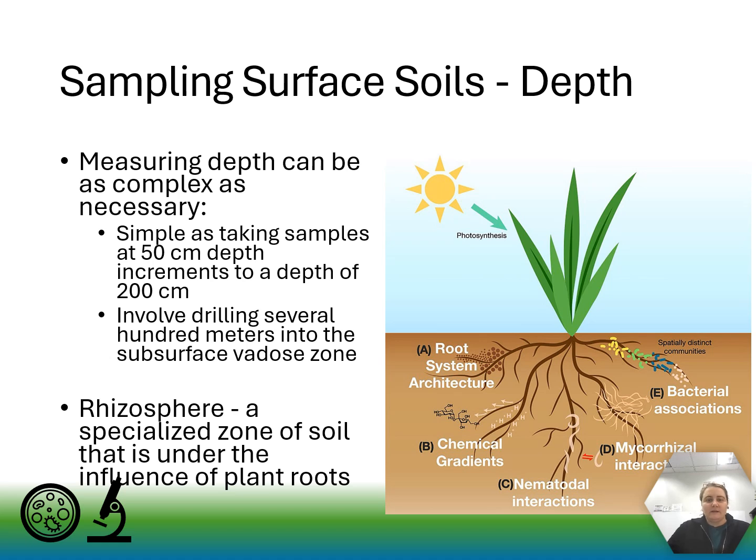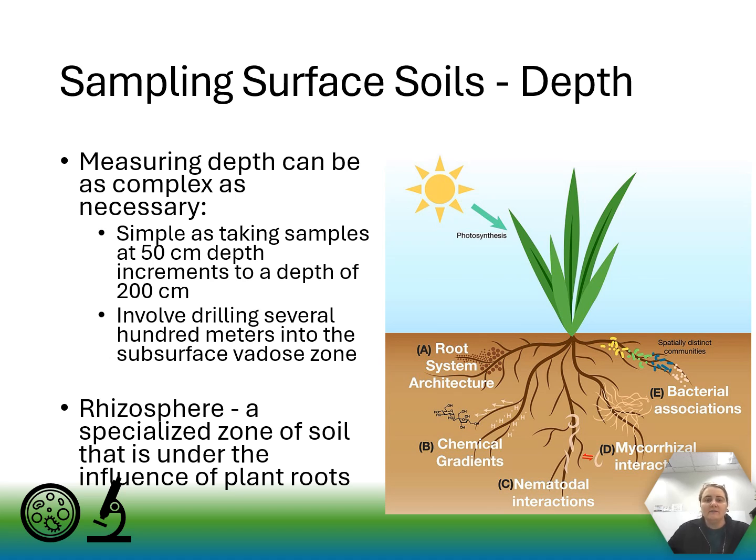So let's talk about depth, right? It can be very, very complicated, right? It's very challenging to deal with specific areas with bacteria and roots and things like that. But actually taking samples at increments is not that hard. It's just that it's sometimes difficult because there's a lot of changes with depth. So we could take things at 50 centimeter increments, that's kind of standard in the industry, down to a depth of 200 centimeters.